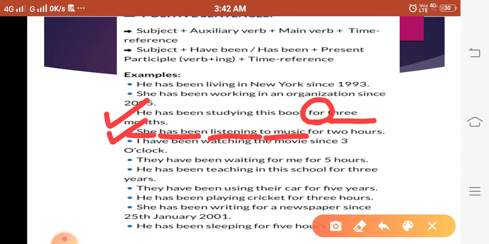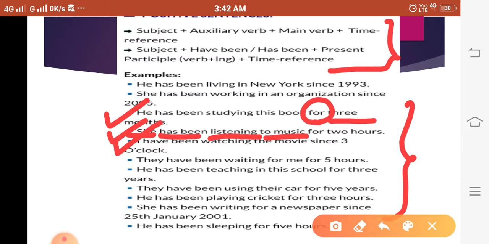Now other examples have also been formed using this same sentence structure. Let me read them out quickly for you all. I have been watching the movie since 3 o'clock. They have been waiting for me for 5 hours. Next, he has been teaching in this school for 3 years.